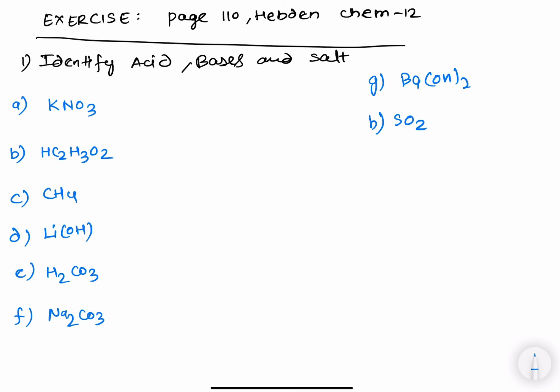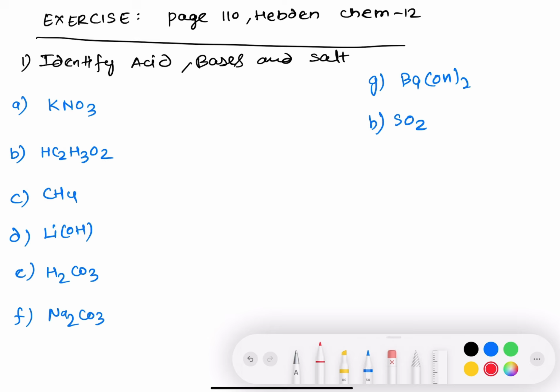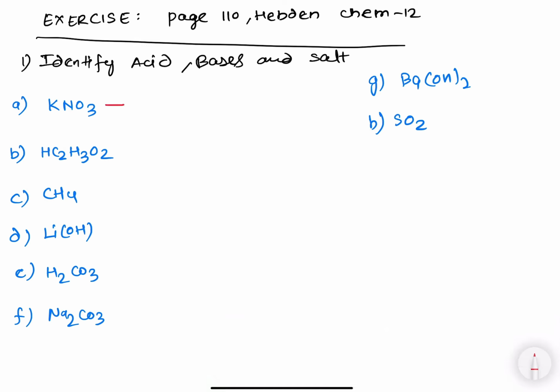Okay, so we have to identify whether this molecule is acid, base or salt. Start with the trick. If the compound doesn't contain any H plus and OH minus in the molecule, it is a salt. So here we can see there is no H plus and OH, so it is a salt. Second, we are seeing H in the formula and it is in the beginning of the formula, so it is an acid.